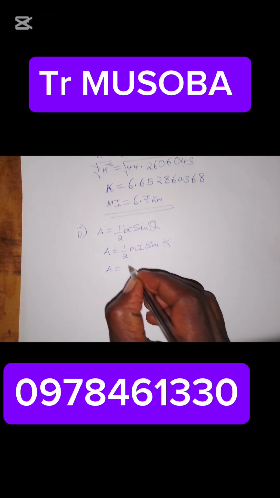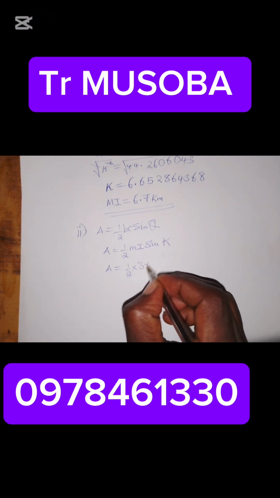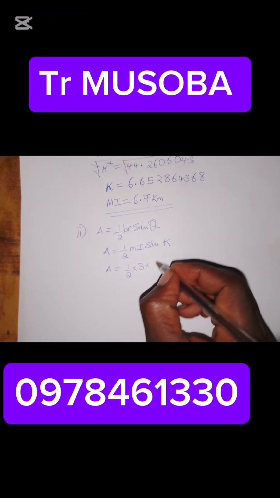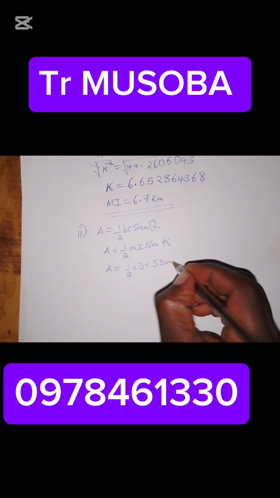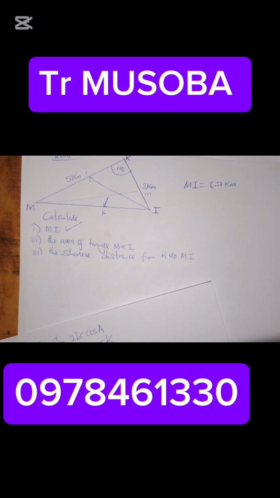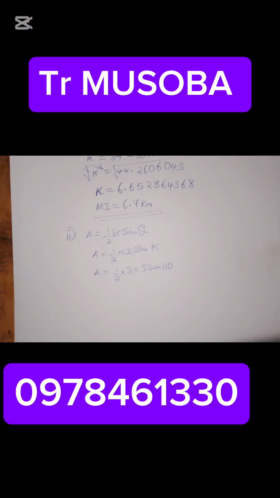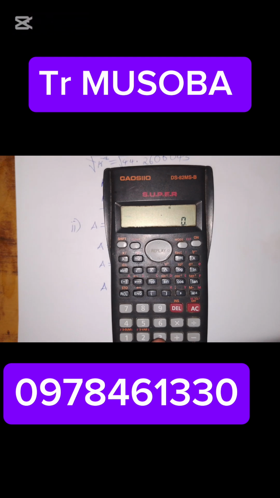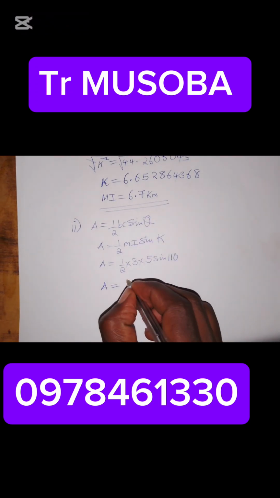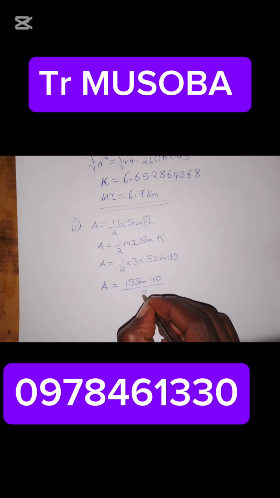So area is equal to half multiplied by M. M is 3 and I is 5. Then sine the angle here, the angle here is 110. So 3 multiplied by 5, that is 15. So we have 15 sine 110 divided by 2.